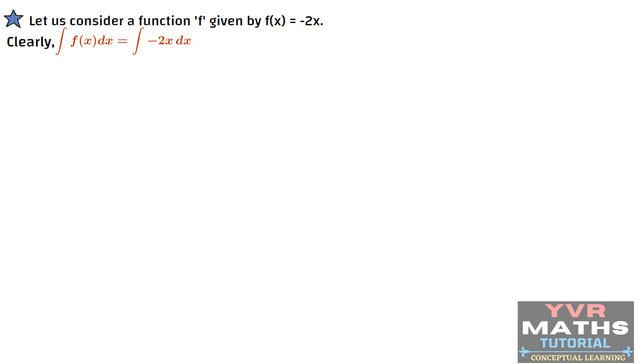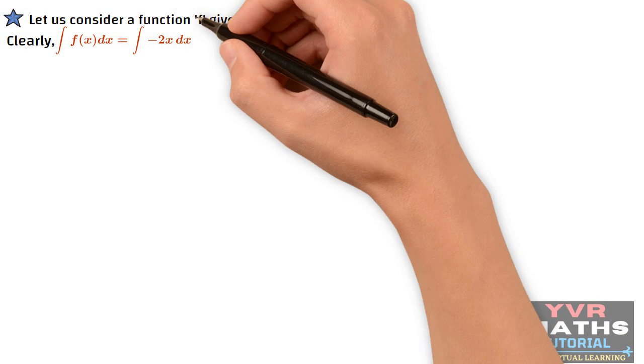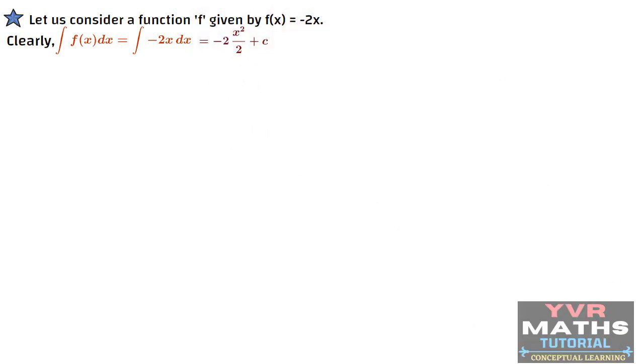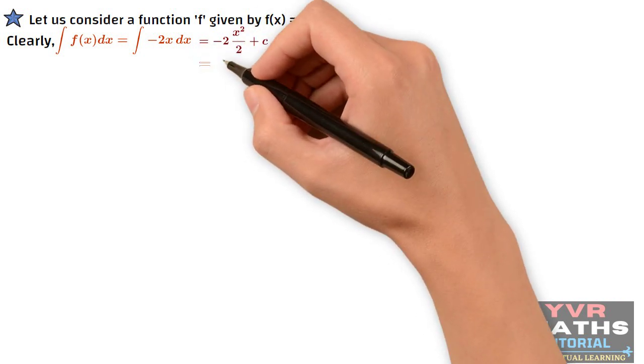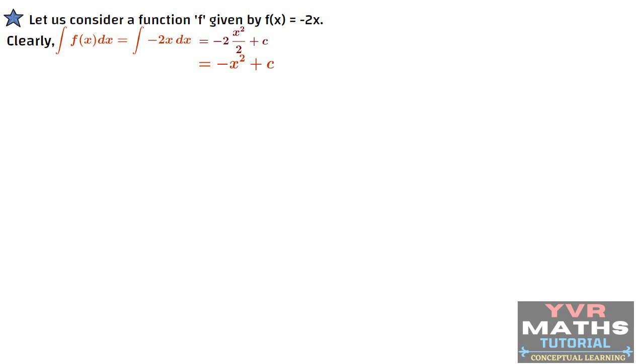The integration of x power n is x power n plus 1 by n plus 1. By using that formula, integral of x can be written as x power 1 plus 1 by 1 plus 1. So the integration of the function is minus 2 into x square by 2 plus c. Here 2 gets cancelled, then the final function is minus x square plus c, where c is the constant of integral.